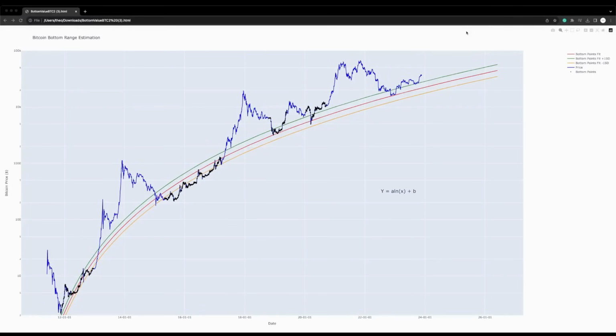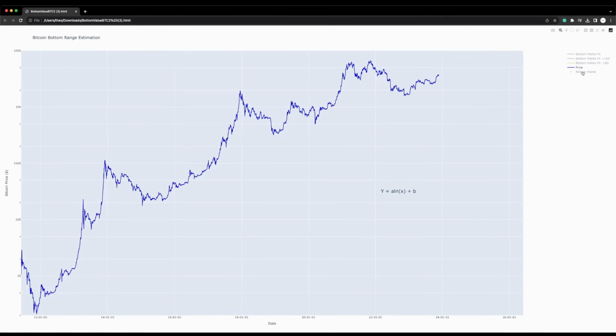After the example we just saw on the regression analysis, we can move to the Bitcoin bottom range estimation, and hopefully we'll get a better understanding of it. Before we explain the model, let's hide the model lines and we will bring them back one by one and explain them.